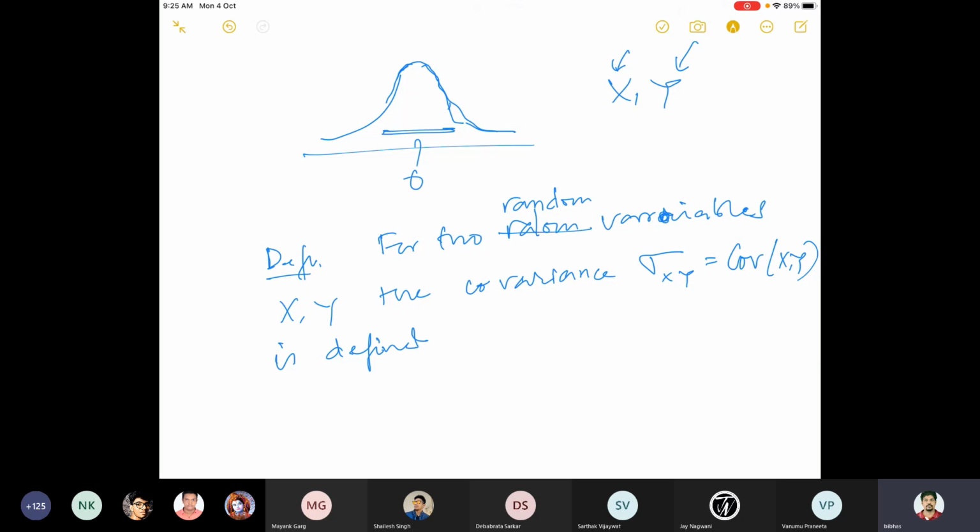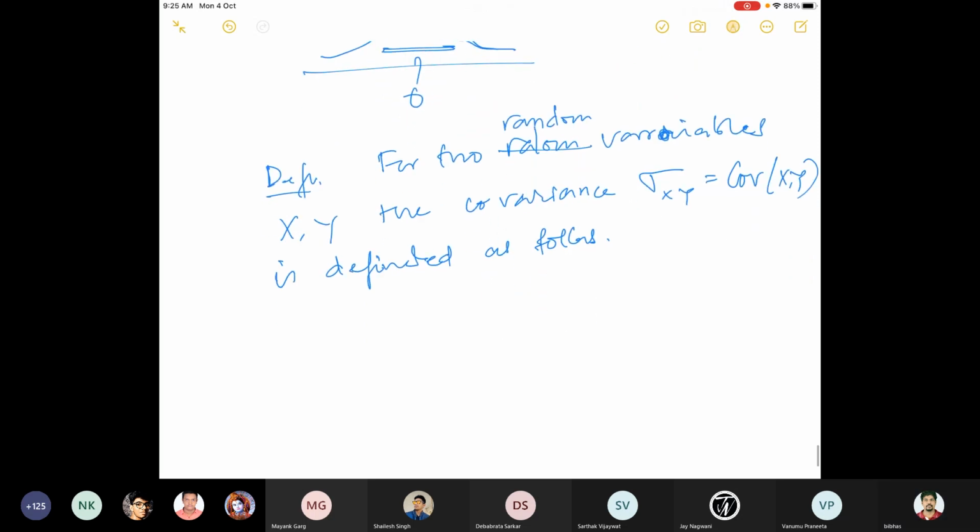So how did we define the variance of a random variable? Can anybody tell me? Can anyone remember? How did we define sigma x square or sigma square? What is the definition? Variance? E of x square minus E of x whole square.